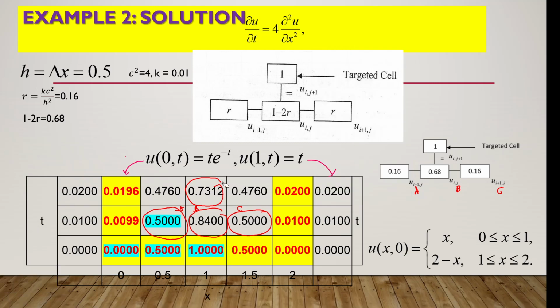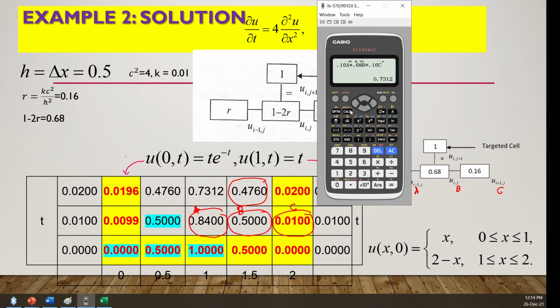Okay, lastly, this one. So A, B, C. Okay, lastly, this value. So this will be A, center bottom is B, right bottom is C. So calculate again.